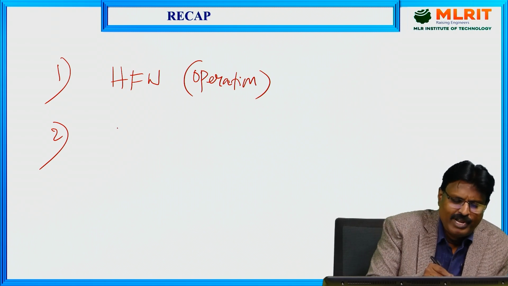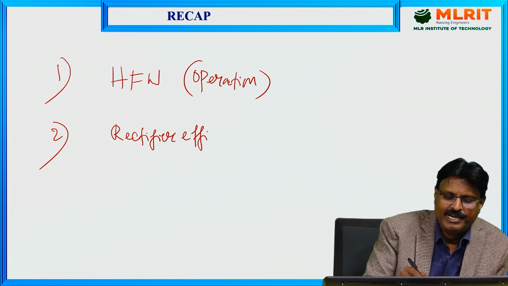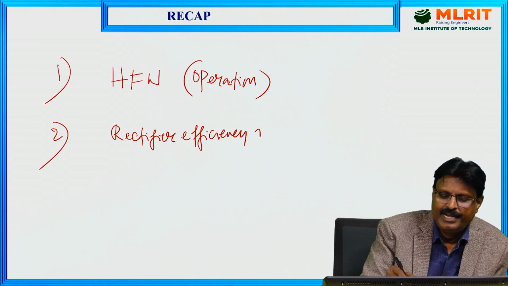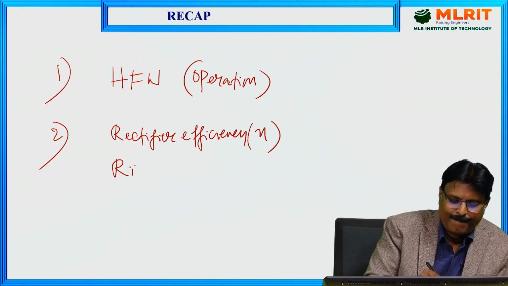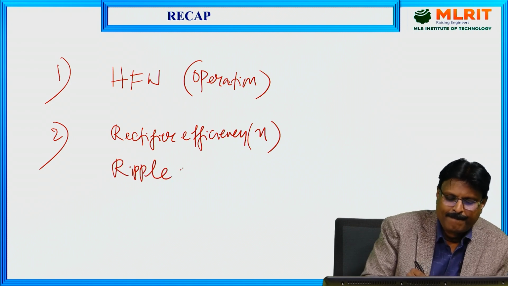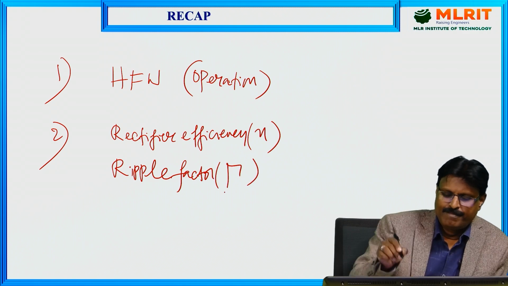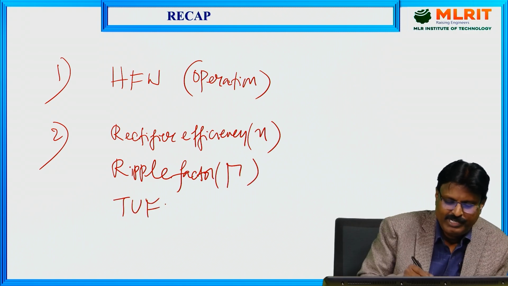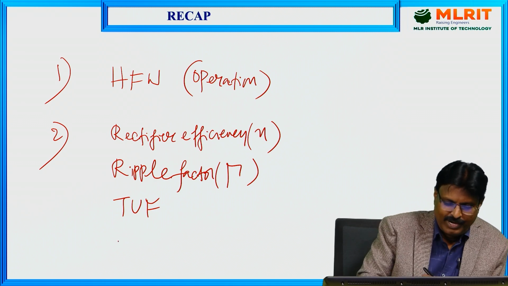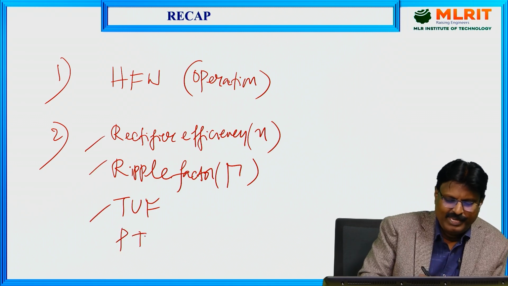One is the rectifier efficiency, which is represented as theta, and next one is the ripple factor, and next is the TUF, transformer utilization factor, and finally the peak inverse voltage, PIV.